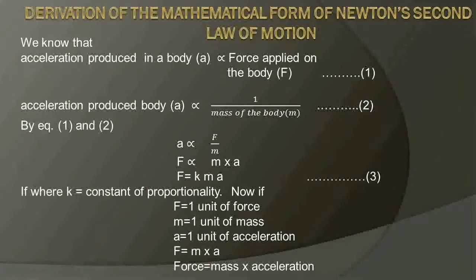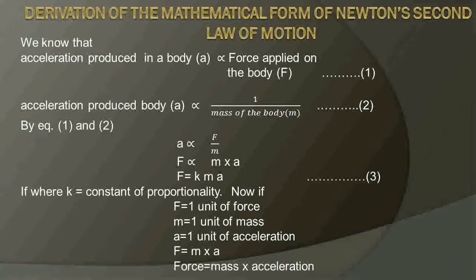It has also been found that the acceleration produced in a body is inversely proportional to the mass of the body. So from this statement we can write acceleration a is proportional to 1 upon the mass of the body, that is m. This equation will be equation 2.